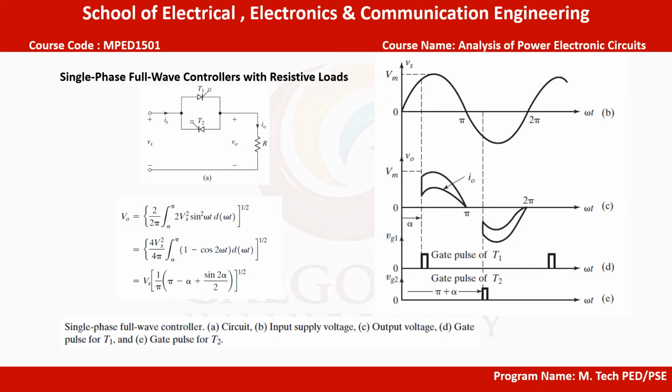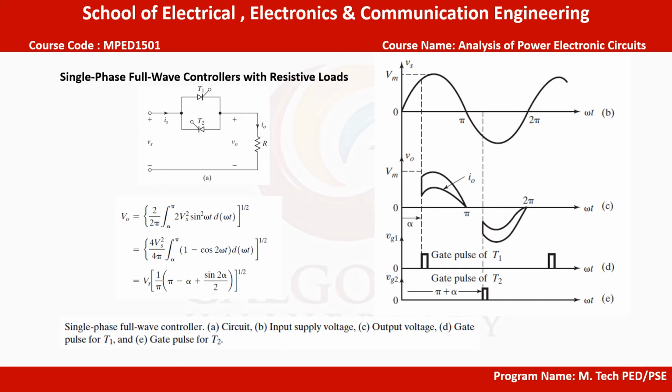Vo = √[(2/2π) ∫ from α to π of 2Vs² sin²ωt d(ωt)], which comes out to be Vs √[(1/π)(π − α + sin2α/2)]. So by varying α from 0 to π, Vo can be varied from Vs to 0.